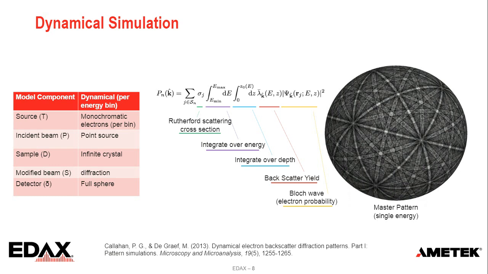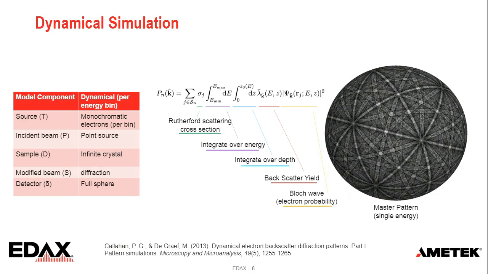What you use again here is a monochromatic source, but now instead of a beam coming into the sample, it's a point source within the sample, because you already have the location that the electron came from in the previous model. For each energy bin, you do this separately, and you get this whole series of Kikuchi spheres. So that's the dynamical part.